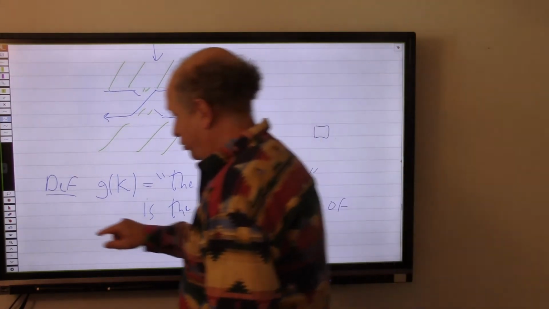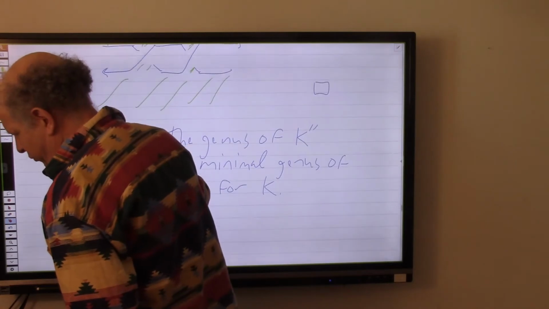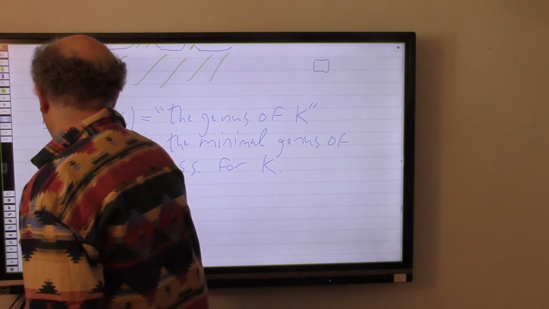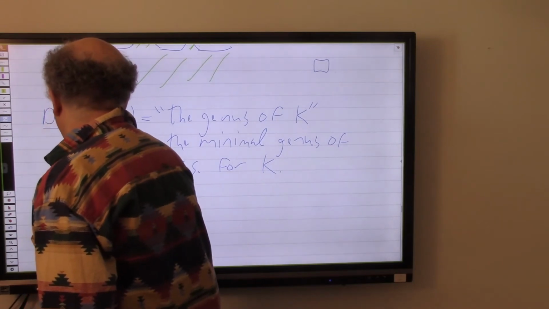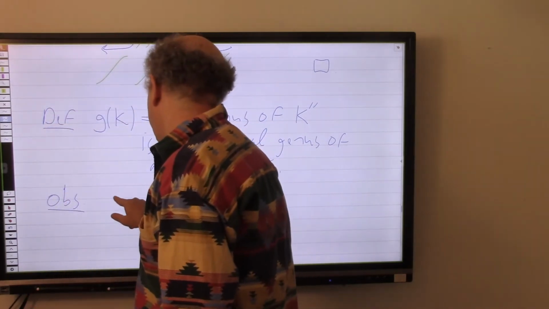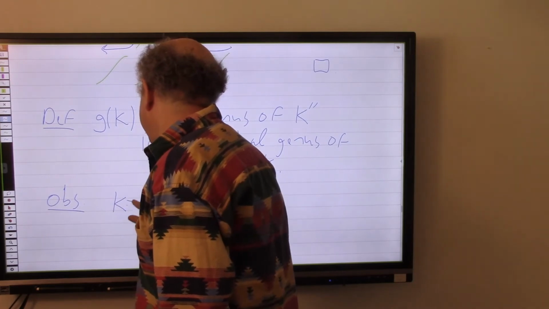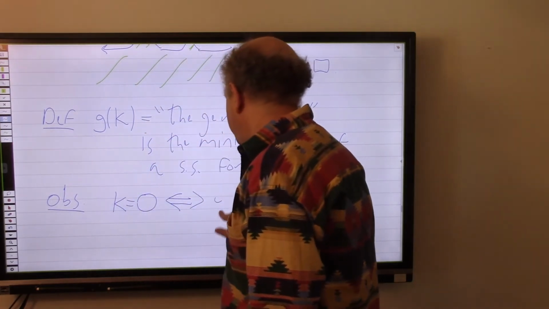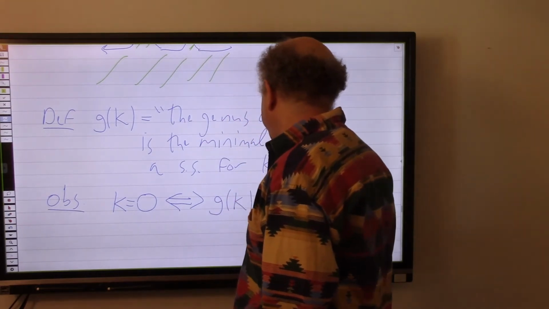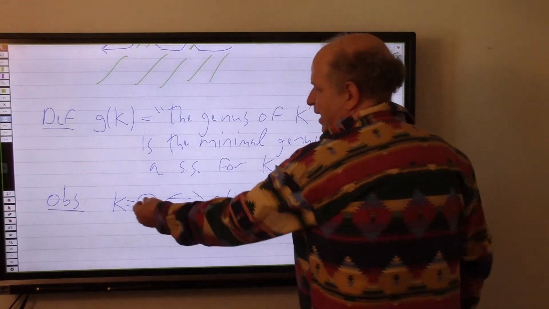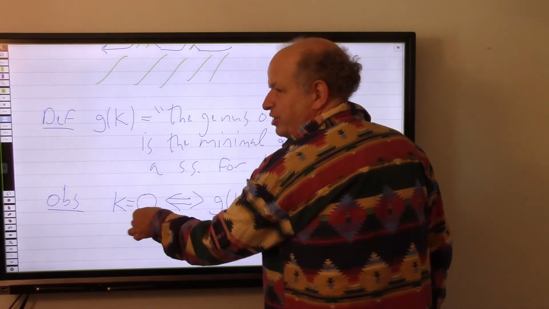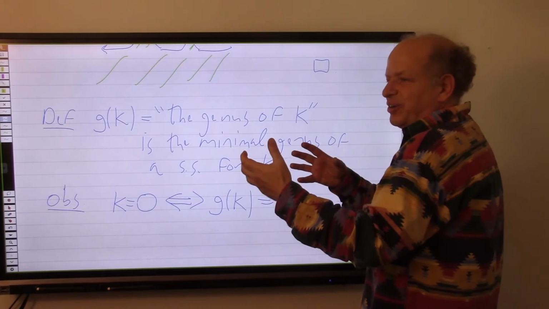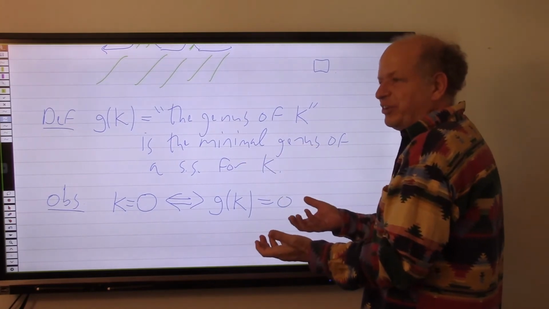So two very, very minor observations. I don't know if I should call them theorems, let's call them observations. First of all, K is the unknot if and only if the genus of K is equal to 0. If K is the unknot, then it's the boundary of a disk, and a disk is of genus 0, because it's a sphere with a disk removed.